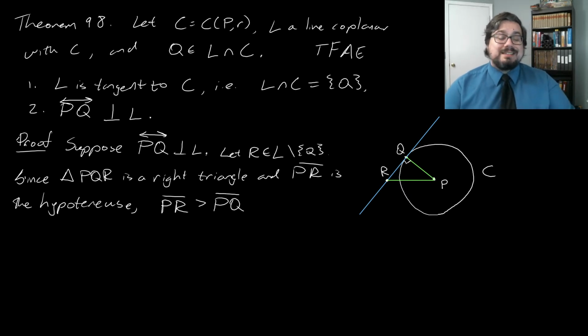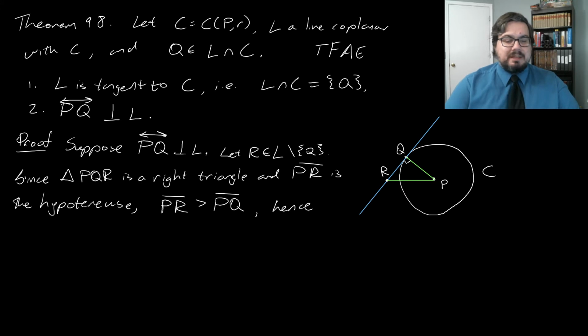The hypotenuse is the longest side in a right triangle. So PR has to be greater than PQ, which means that the distance from P to R must be greater than the distance from P to Q, which is equal to little r by definition.